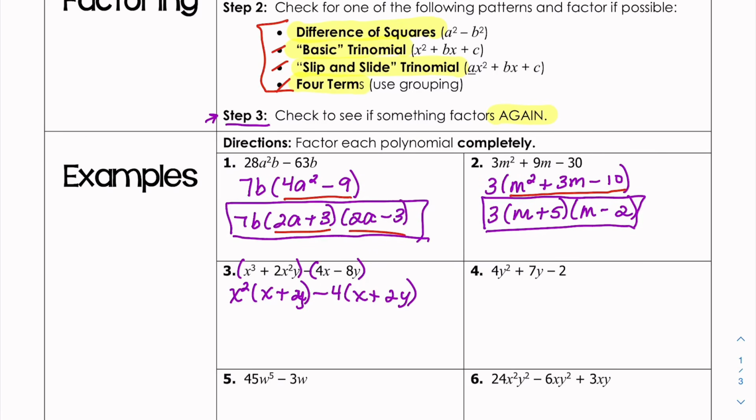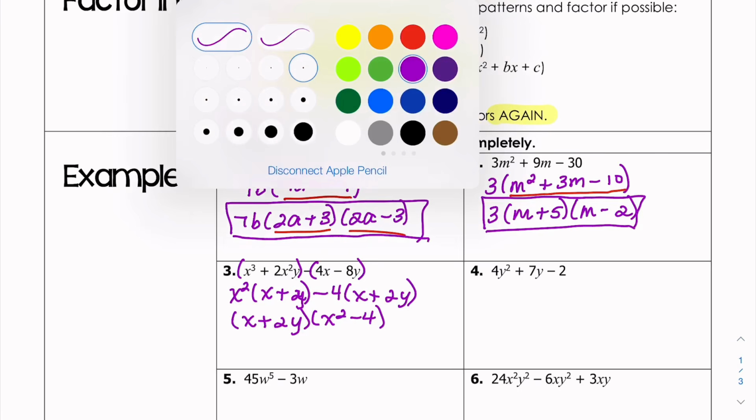This should have been a y here, over here as well, x plus 2y. And then, so we're going to take out our x plus 2y, and then we're left with x squared minus 4 here. So we factored our 4 terms, and now step 3, check to see if something factors again.